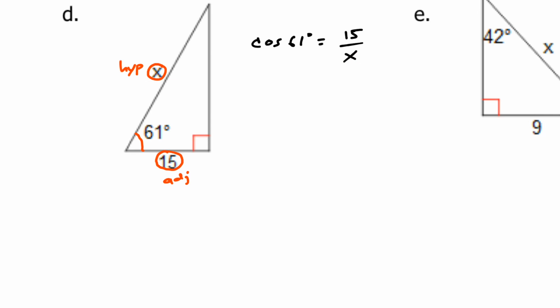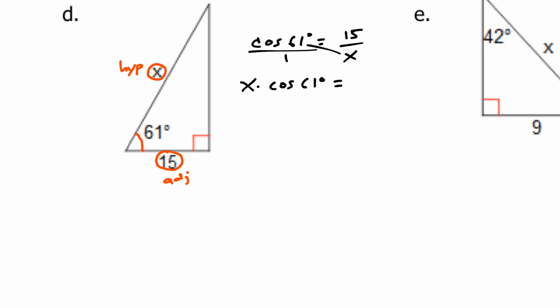So let's go ahead and put the cosine of 61 over 1, and let's do our cross products. The first cross product I'm going to do is x times the cosine of 61. So I write x times the cosine of 61 degrees.